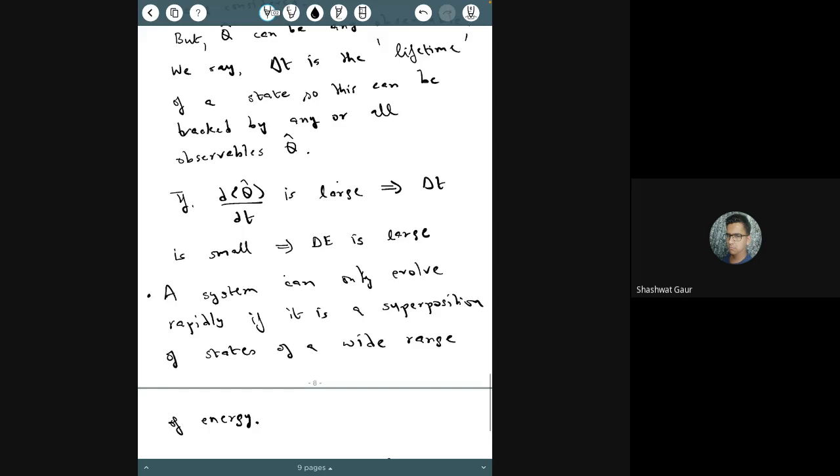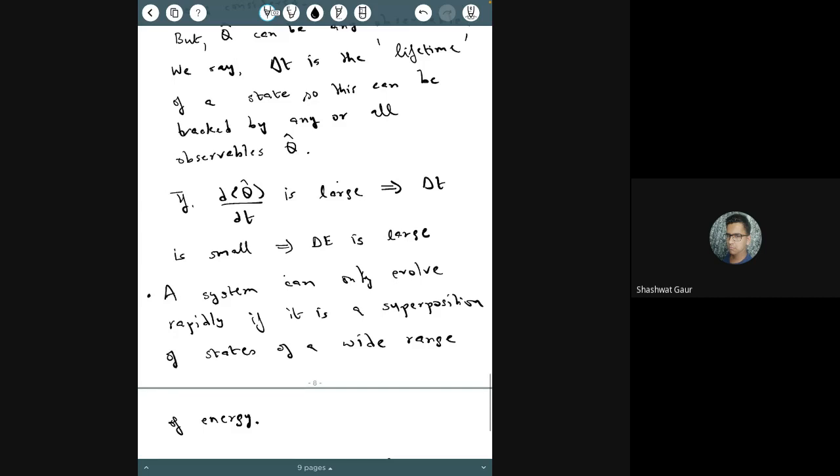So you can take a reference time, of course, but you cannot measure time for a state. You always have a reference time, so you can find out dt. But since you cannot measure t, you cannot find out delta t. So what would you call delta t?